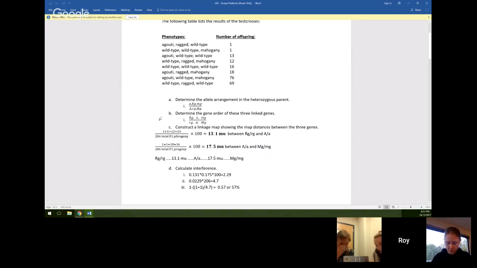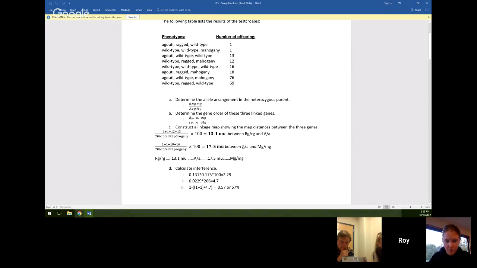You take the numbers and add them with the lowest numbers. So you take your single crossovers and your double crossover numbers and add them together, and then you divide that by the total, and that'll be the distance. Then you do the same thing to find the distance between the next ones.